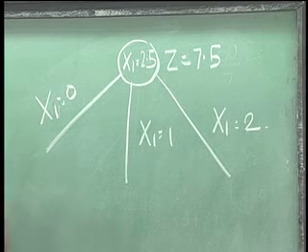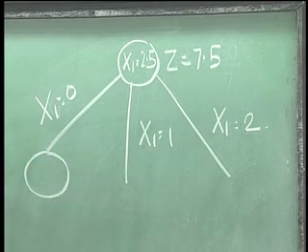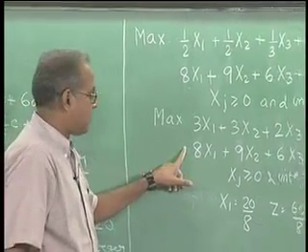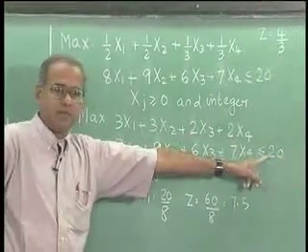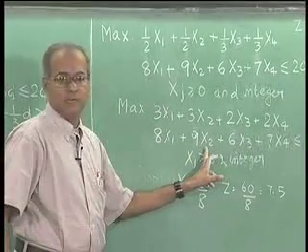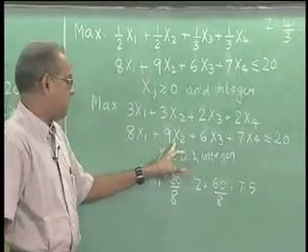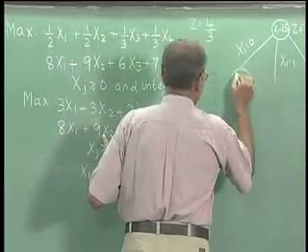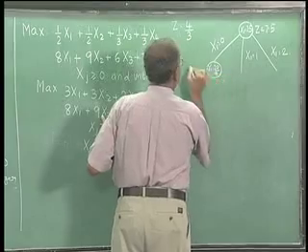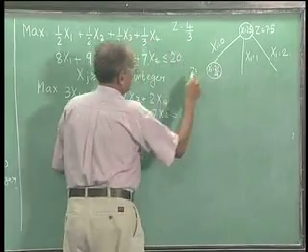When x1 is equal to 0, it means we are fixing this to 0. So, straight away all the 20 resources are available. This is fixed at 0. So, the first variable now will be in the solution, giving you x2 equal to 20 by 9 and z is equal to 60 by 9.